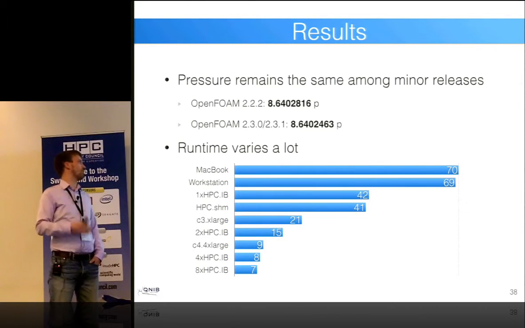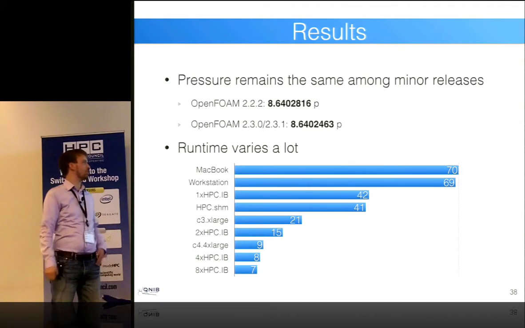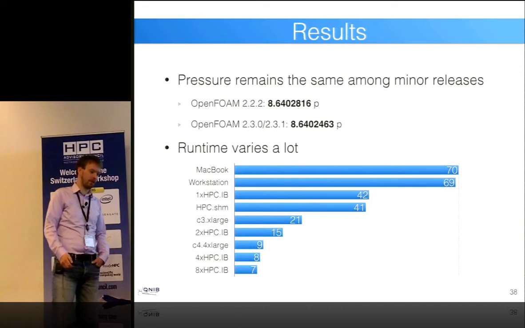With InfiniBand it was faster. And what's pretty nice is that the latest C4 4X large, which uses the latest Xeon and has 16 virtual CPUs, so it was matching my decomposition, by the way, was quite fast as well, 9 minutes. That was quite impressive, I think.